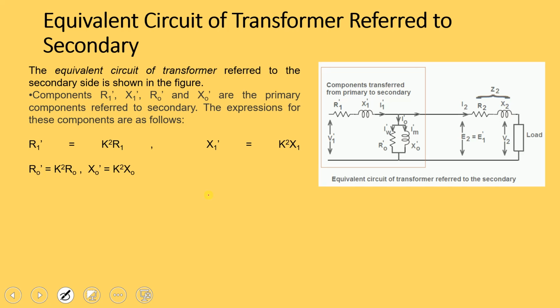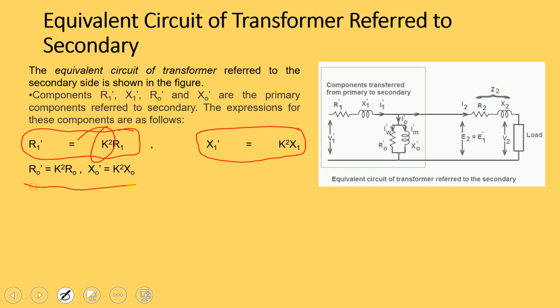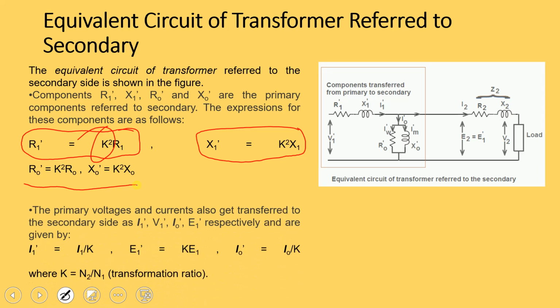Now this is the explanation of how the values change when shifting towards the secondary. R1 dash is written as K square R1, and X1 dash is written as K square X1. As in the previous case, when referring towards the primary we were dividing by K square, but here we are multiplying with K square. So R0 dash is K square R0, X0 dash is equal to K square X0. So this is how we find the values.